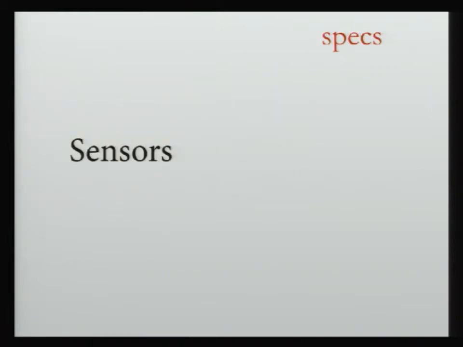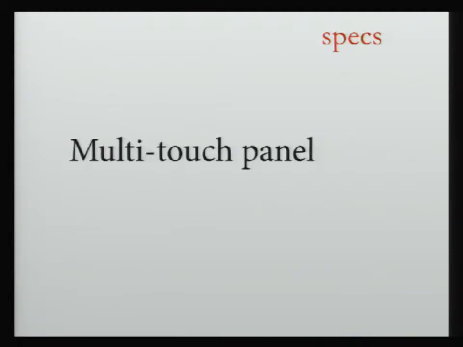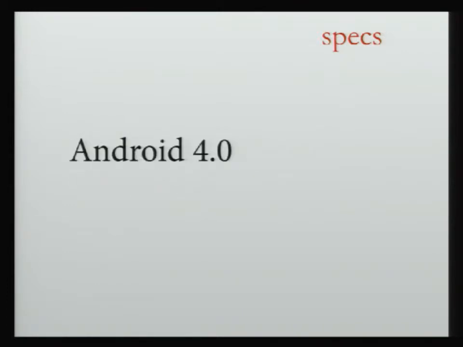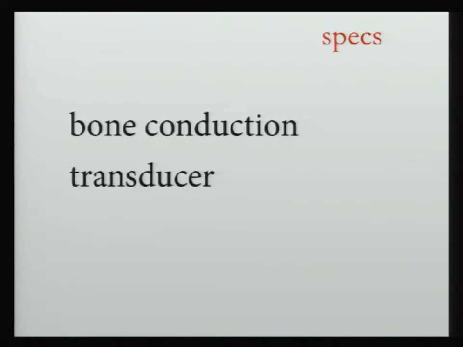We have some sensors like accelerometer, gyroscope. There is an eye tracking sensor that is looking at my eye that right now is disabled, so it's doing nothing, I hope. We have a camera. Of course, we have a multi-touch panel here on my right, so there are a couple of multi-touch gestures. Wi-Fi, Bluetooth, at least this first prototype. It's an Android device, Android 4, and it has a bone conduction transducer.